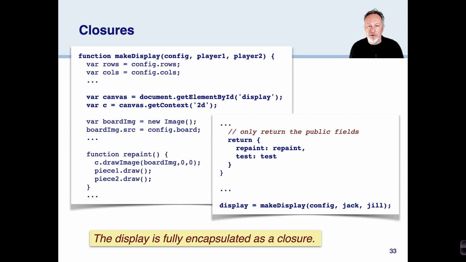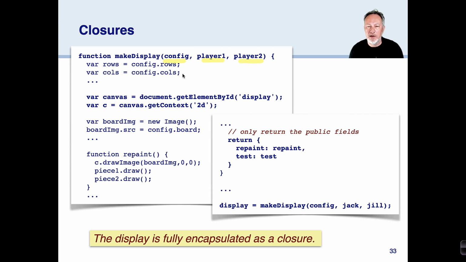Now, we want to be able to create a game and encapsulate as much as possible. So when we create a new display, we're going to take as input three pieces of information. There are two players and a configuration.